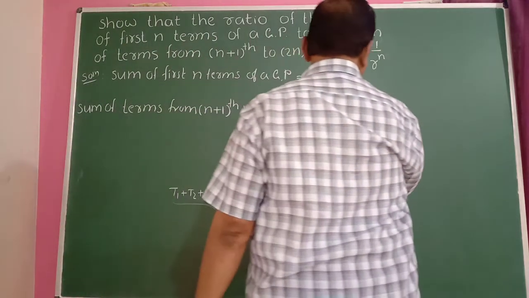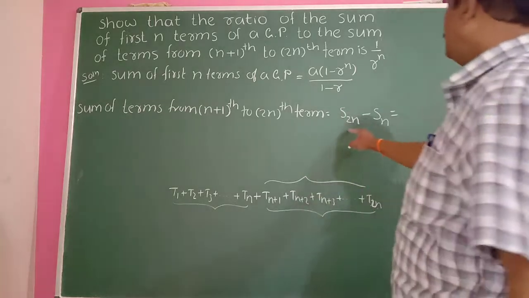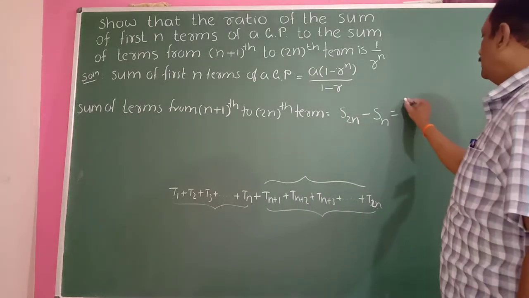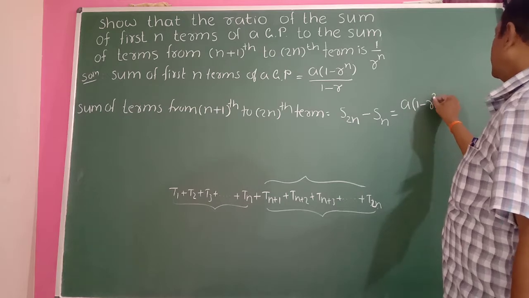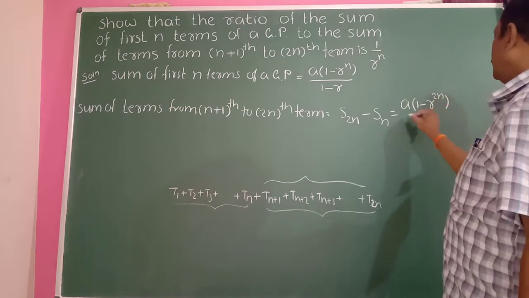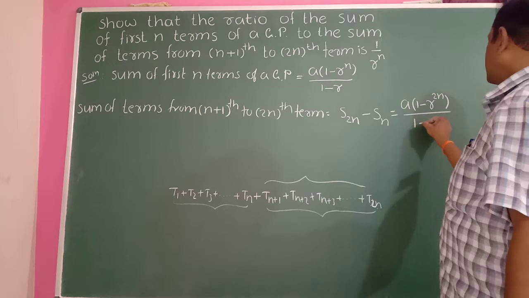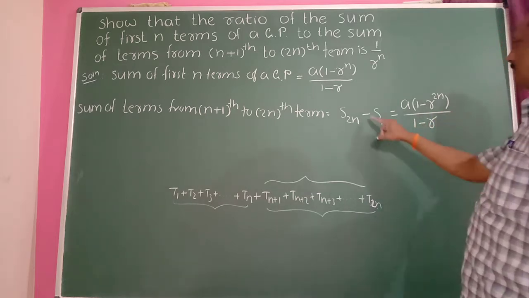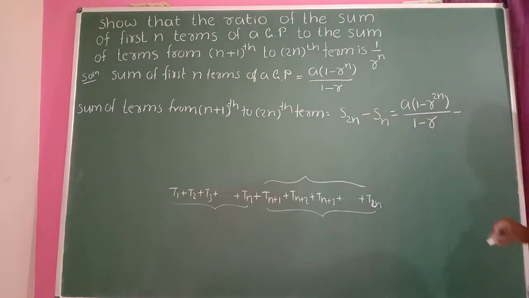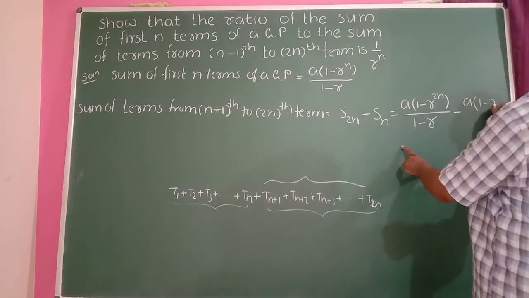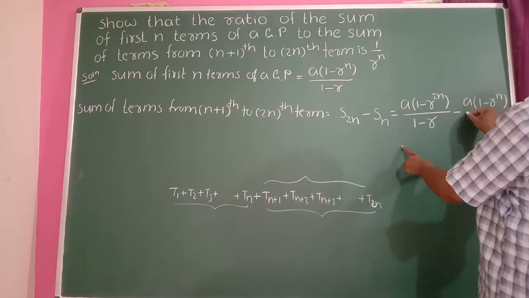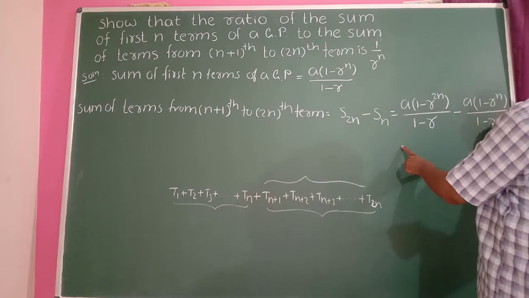Therefore this is equal to S of 2n, which is a into 1 minus r raised to 2n divided by 1 minus r, minus S of n, which is a into 1 minus r raised to n divided by 1 minus r.